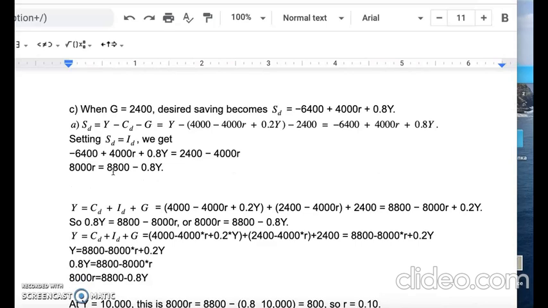So our national savings is now 400 less for any given r and Y.